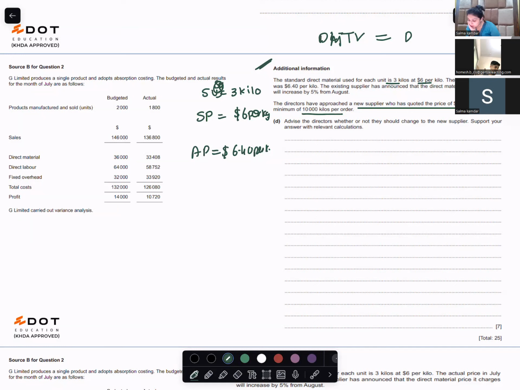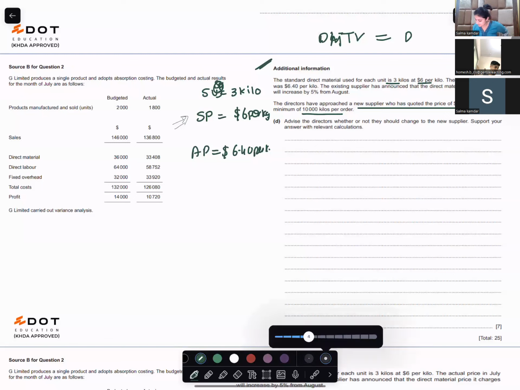Advise whether you should switch to the new supplier or not. You had budgeted that you could get the materials for how much? We budgeted $6, but you got it for 6.40.